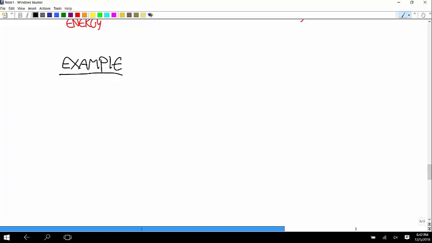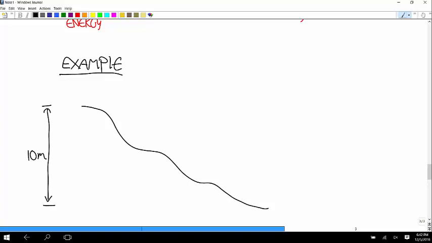So let's say we have this hill. Let's say it's 10 meters high. And someone starts out on skis up at the top.